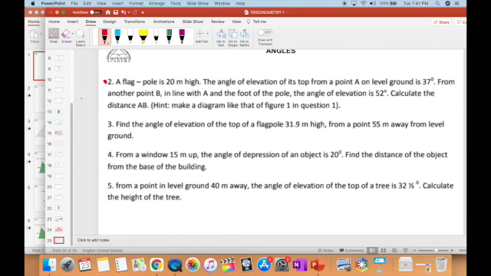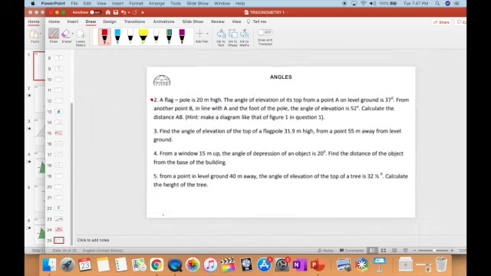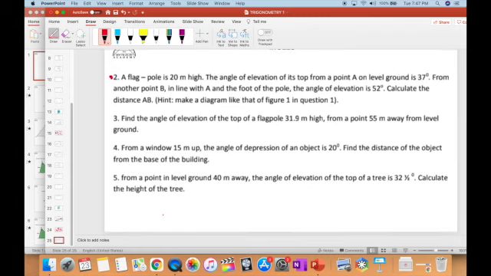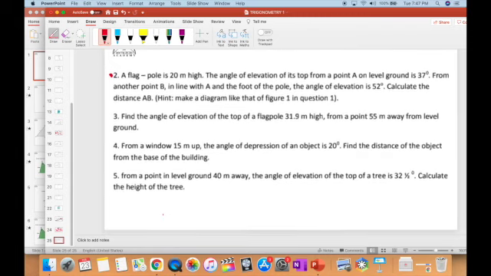Now you all should have a diagram going by now. And just in case you got a wrong diagram, I'll see if I could draw a sketch of what the diagram you're supposed to have is. The flagpole is 20 meters high, so that is 20, right? The angle of elevation of its top from point A on level ground.